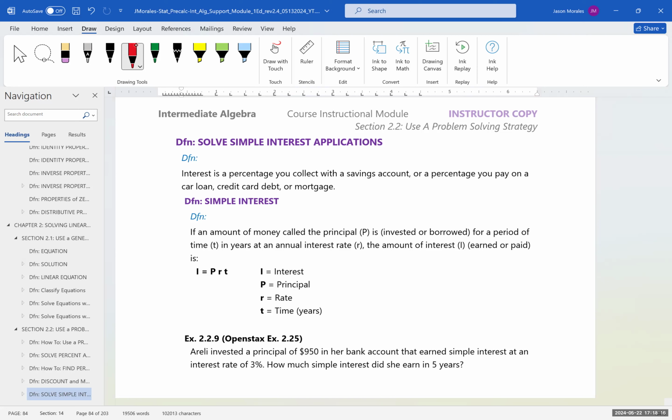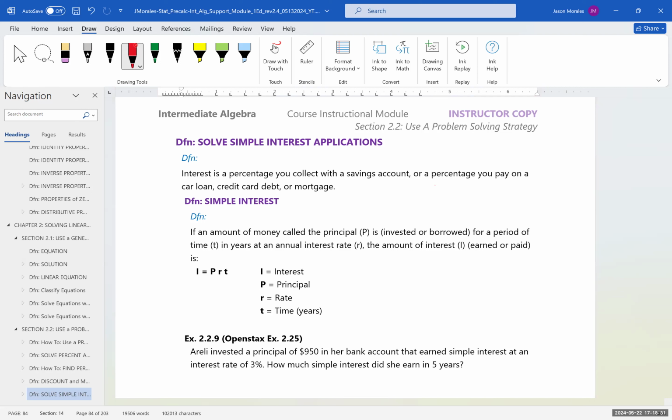So what is simple interest? Interest is a percentage you collect with a savings account or a percentage you pay on a car loan, credit card debt, or a mortgage.